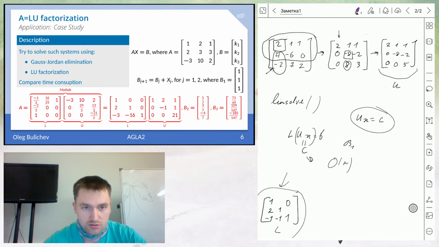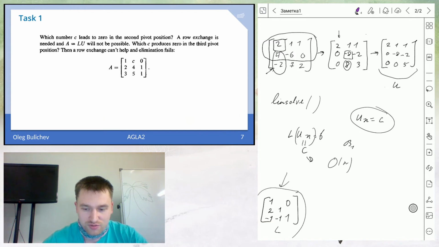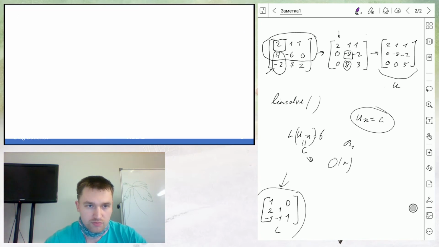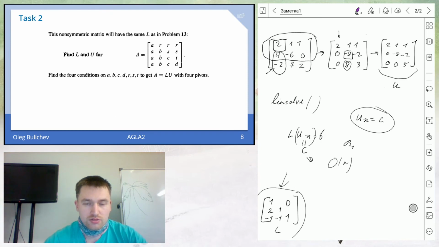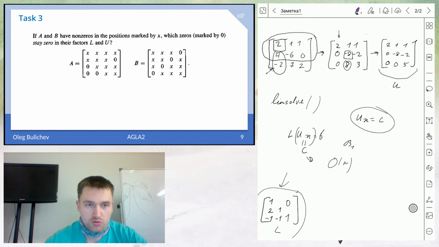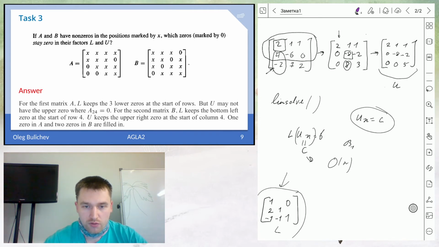So let's continue. Actually, continue is just I give you 3 tasks. First task, which number C leads to 0, and the answer for this. Second task is this one, and also the answer. And the last one. I solved all of them by myself, and I don't think that you will have any problems. The main goal for you is just to sit and play with it.